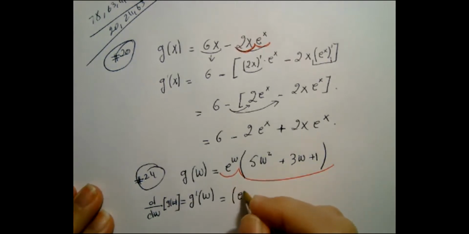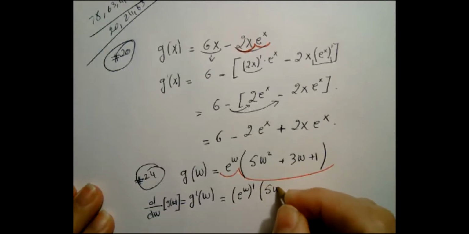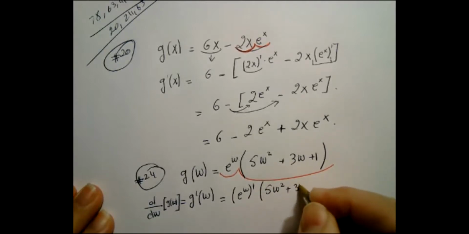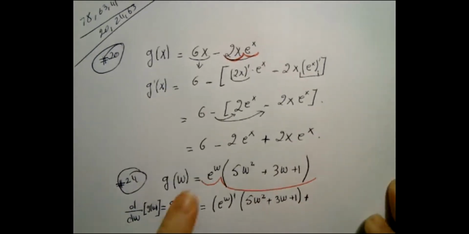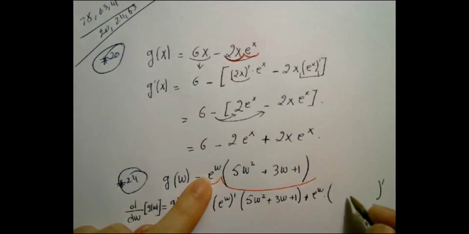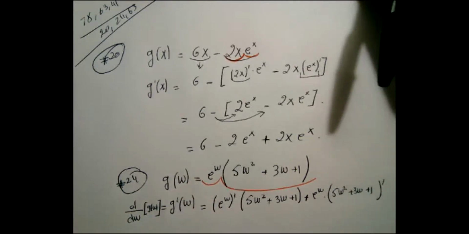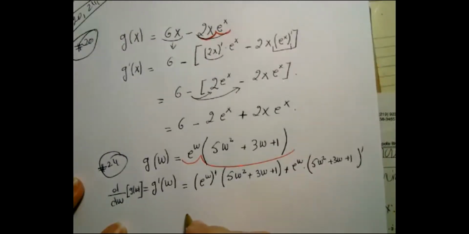So it's the derivative of e^w times 5w squared plus 3w plus 1, plus e^w times the derivative of the other term. And now the rest is we find the derivative of the other terms.